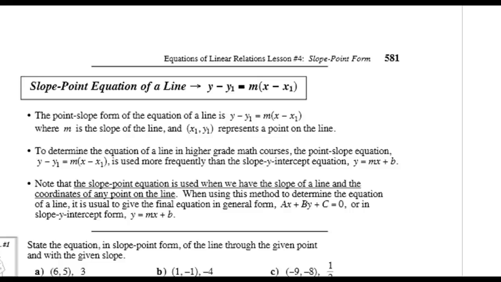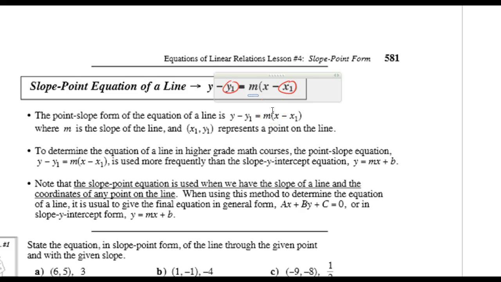The format, as you've seen already, is y minus y1 equals m, and then in brackets x minus x1. The first thing you'll notice is that the m here is the slope. We already know that from our y-intercept form. The other key piece of information is that y1 and x1 can be any coordinates.